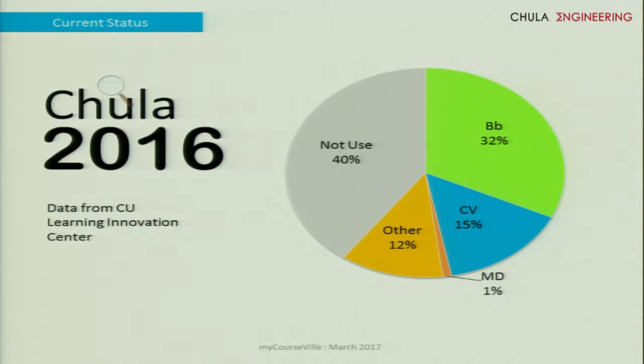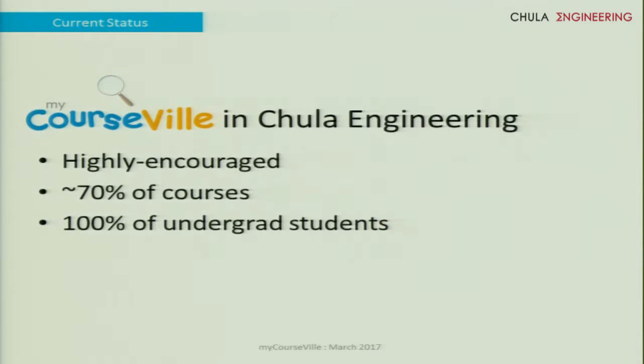But among the courses that use an LMS, BB is Blackboard. I think I can name that. It's the license package that we purchase. Right now it's around 2 times the courses that are using our homegrown systems. In terms of administrative decisions, we are planning to push forward our homegrown system.